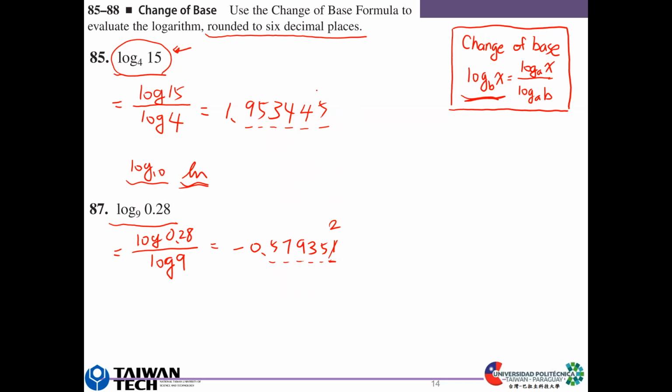Let me double check. It is 1.953445. And the answer for 87 is minus 0.579352. So in the exam, you may be asked to round it to a certain number of decimal places. This is how you do it.